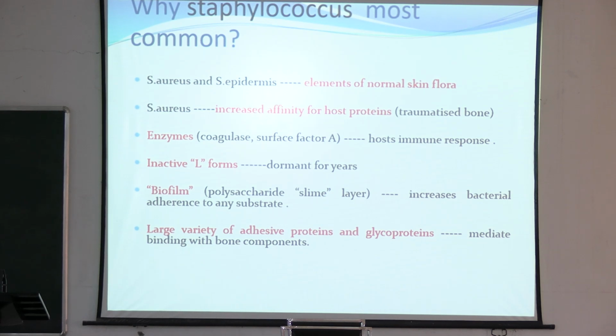It forms biofilms. It has adhesive proteins and glycoproteins, and that makes a defensive mechanism, and that's why the body's native mechanism, like the immune system, cannot fight against it. And that's why persons whose immune systems are not that good, old age patients, children, infants, are more prone to have this infection.